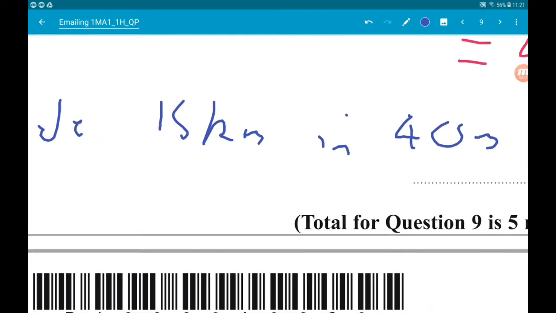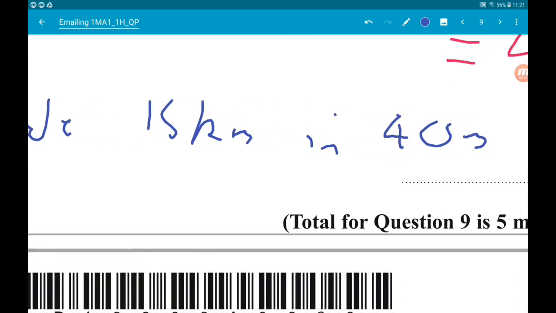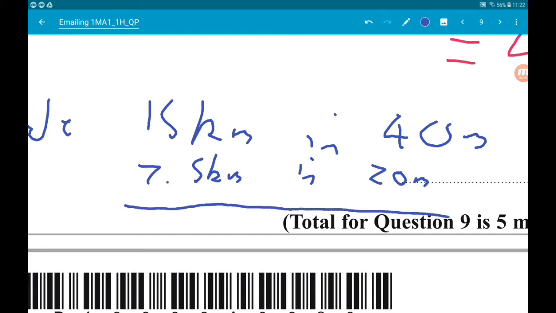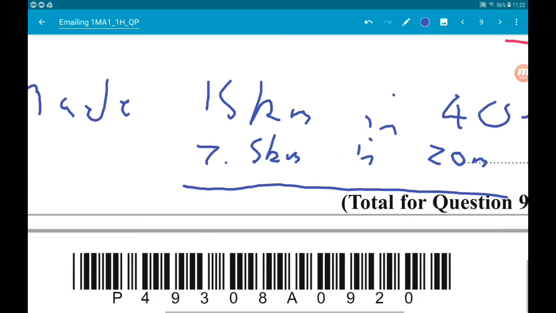So 20 minutes would be 7.5 kilometers. There's 3 lots of 20 minutes in 60, or we could just add these two together. So he's going to make 22.5 kilometers in 1 hour, so that is speed. Cool.